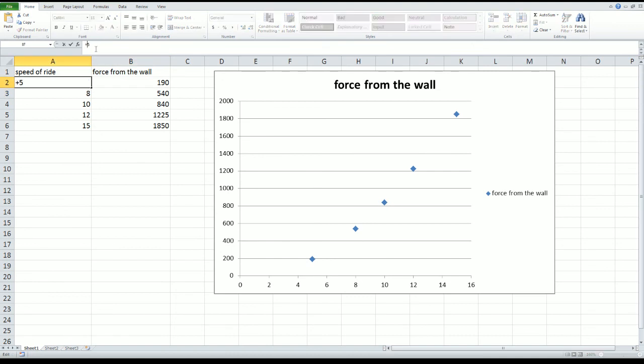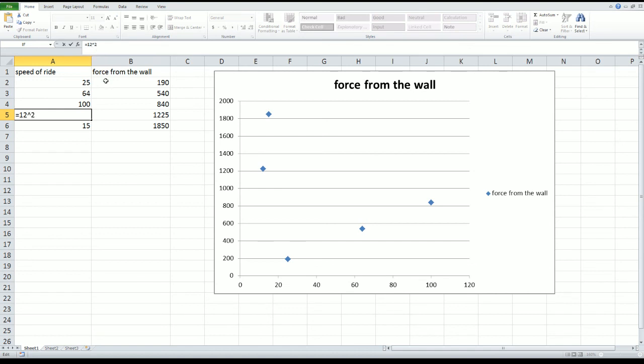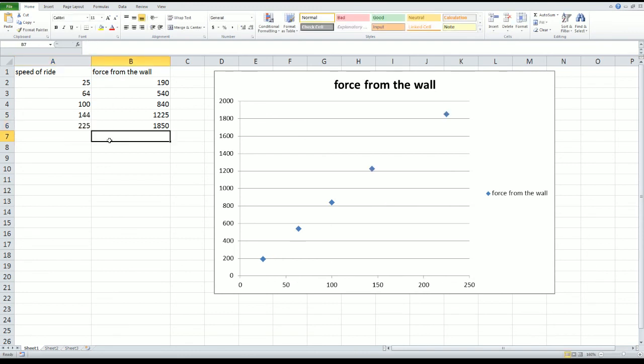How about we square this? We're going to take the original speed and square it. That became 25. Square this becomes 64, 10 squared, 12 squared, and 15 squared.